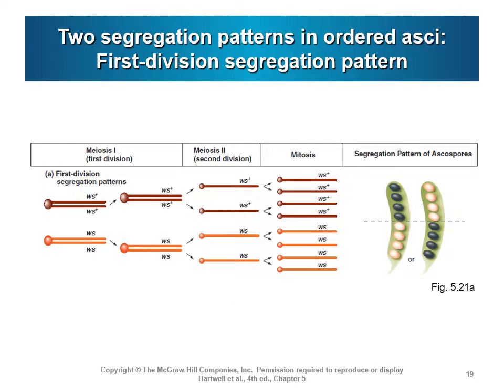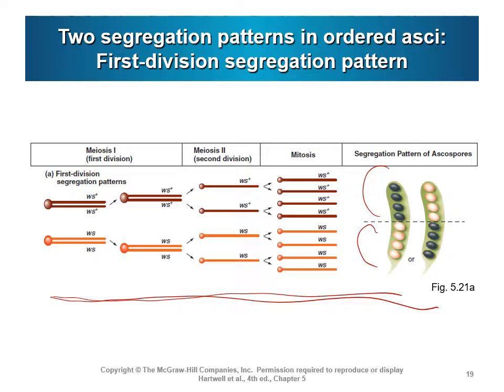Just applying what we have learned already, now we can basically see the process from the beginning to end for the segregation patterns. So meiosis 1, and we have two different color genes here, and it's just a very straightforward process which results in four white and four black, and the same situation, it can be in this order, white first, white bottom, black top, or black bottom, white top order.